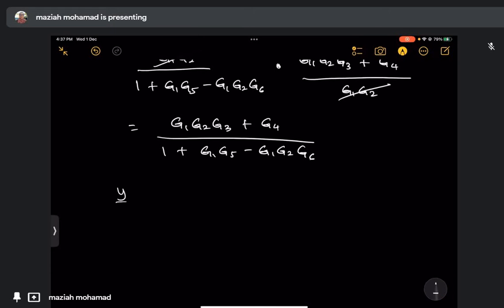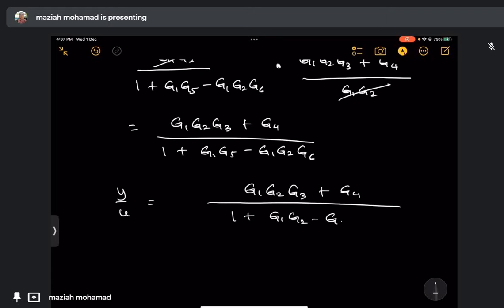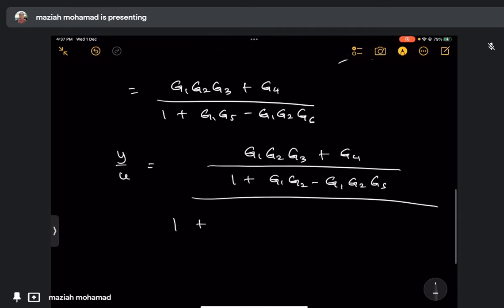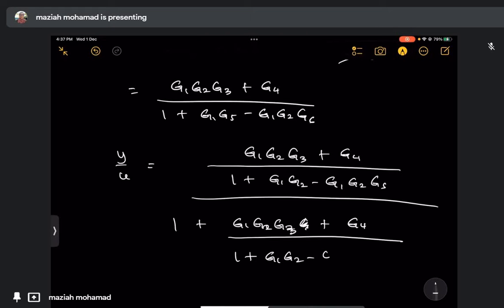So Y over U will equal G1 G2 (G3 plus G4) divided by 1 plus G1 G5 minus G1 G2 G6, divided by 1 plus, because the sign is negative, 1 plus this one multiplied with 1.